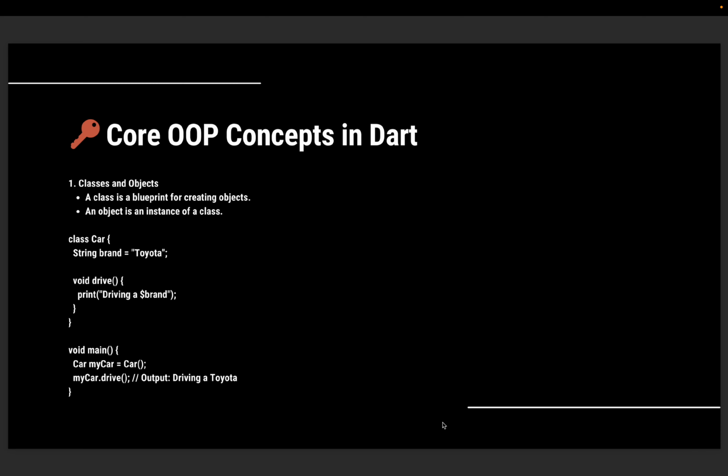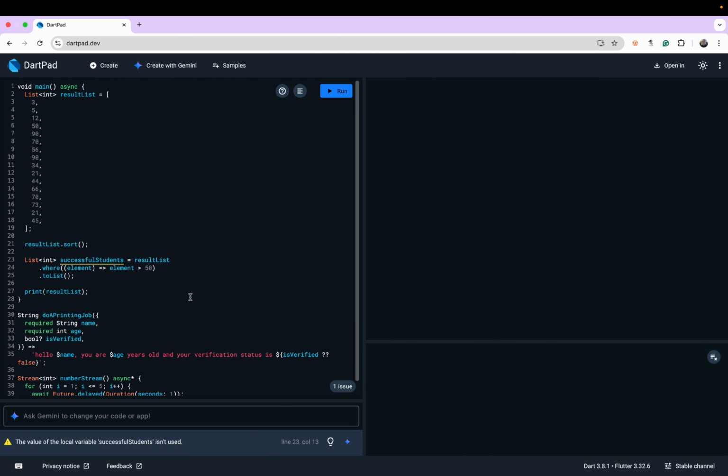As we said the other time, a class is a blueprint for creating an object, where an object is an instance of a class. So when we say a class, basically a class is a definition of how an object is supposed to be. For example, let's go to our dashboard.